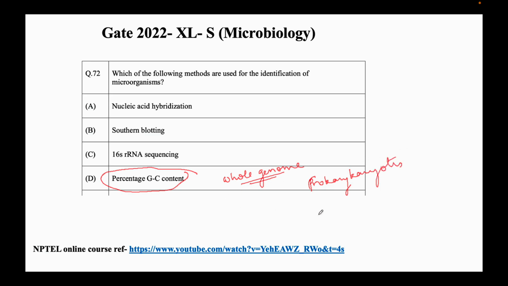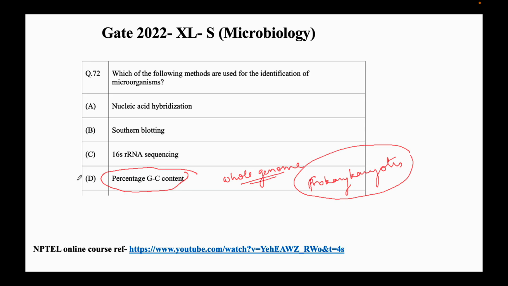This GC content is conserved in prokaryotes, so in the case of E. coli and Klebsiella, the percent GC content will be somewhat the same. But the percent GC content of prokaryotes and a human cell will vary, due to DNA complexity. So it's not an ideal tool; in fact, you cannot use it to identify any microorganism.